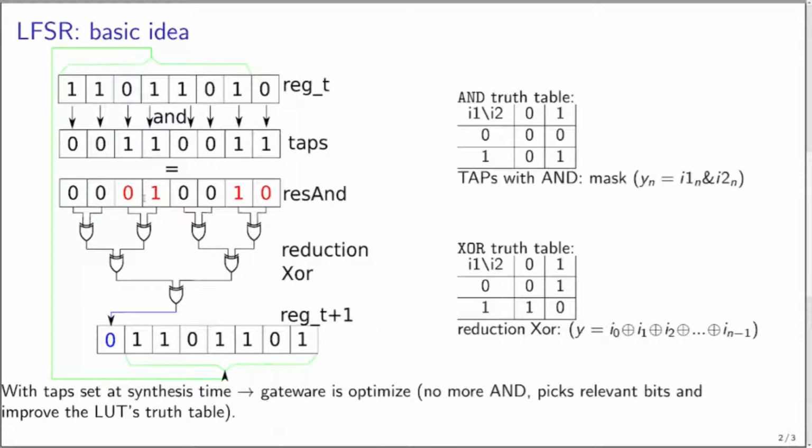Consequently, it's possible to simplify, because this has no interest, this has no interest, this is interesting. So this one and this one are kept. And in fact, according to the hardware and the FPGA, it's possible to use a LUT with 4 inputs to do the same operation as this, with a more complex XOR through the truth table.